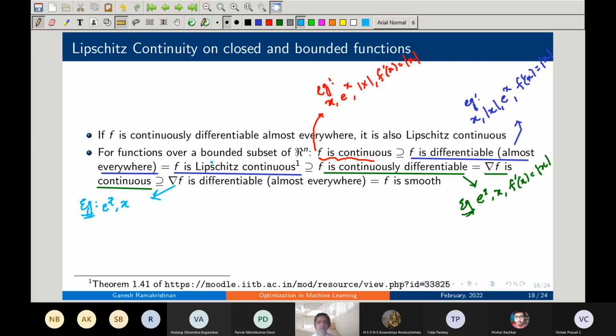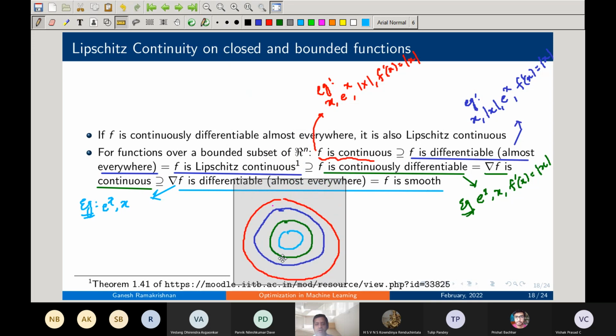So this last category has two names, differentiable almost everywhere, and is the same as saying f is smooth. Okay, so we can quickly depict this in the form of concentric circles. The red one is at the top, the largest subset, and then keeps shrinking. I took some examples, but you can take a lot more examples.